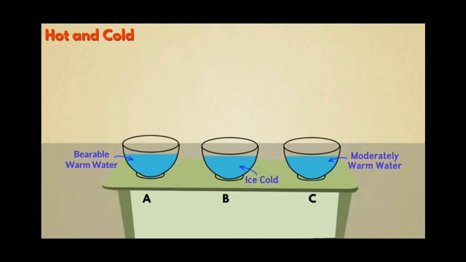That should not be very hot or it can burn your hands. So it should be bearable warm water. In bowl B, you have to take ice cold water, and in bowl C, you have to take moderately warm water. This can be prepared by mixing the bearable warm water and ice cold water in equal amount.